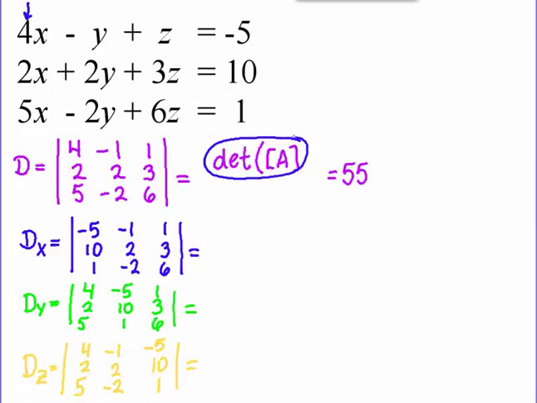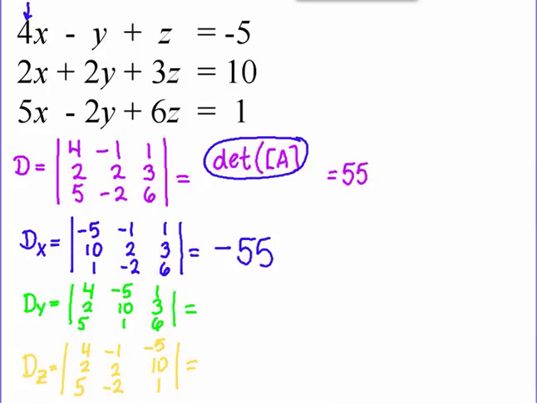I just replaced negative 5, 10, and 1 for 4, 2, 5. Okay. So then go back to your main screen, and then recall it. Go to second and then entry. It calls it back up again, and then you can hit enter. So what'd you get? Negative 55?